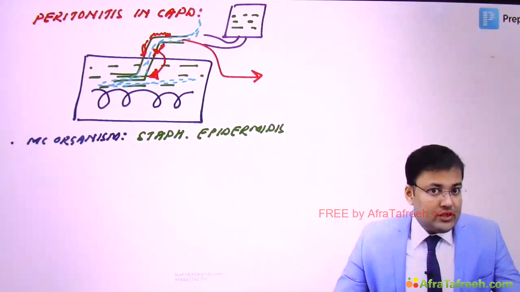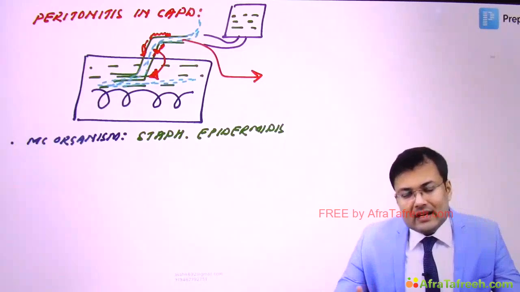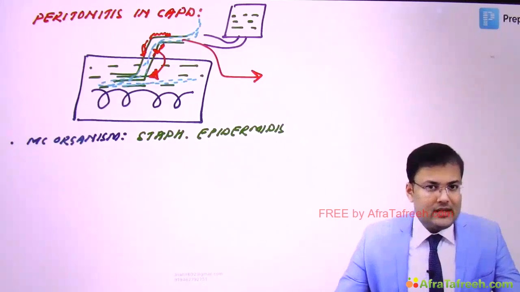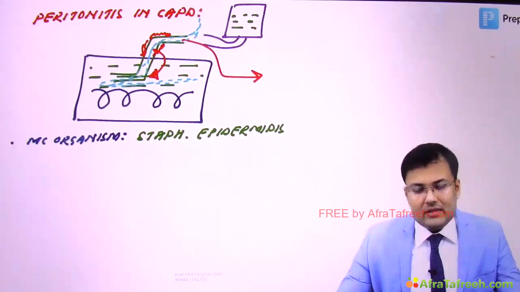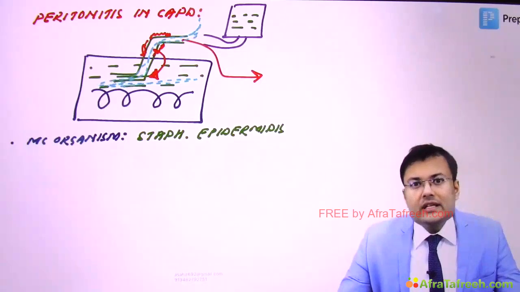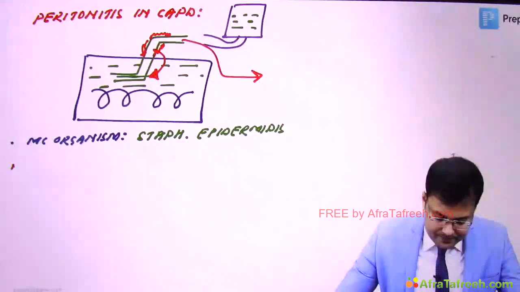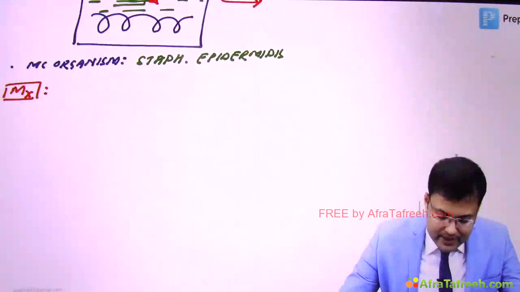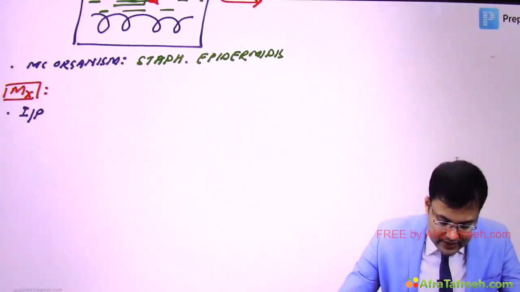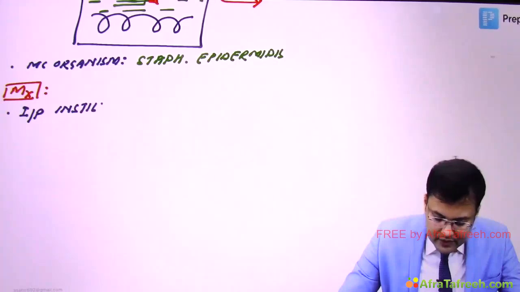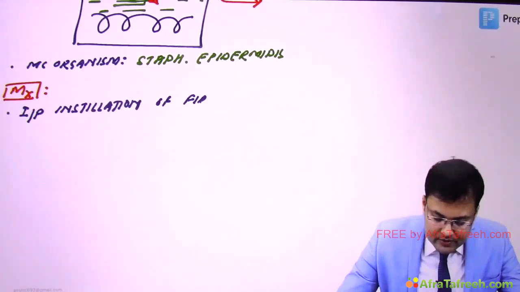There is a second situation. Suppose the patient is having recurrent attacks of peritonitis. It means the catheter is still having the organism, and in that case what do we do? Change the catheter. So how are we going to manage? Management: we go for intraperitoneal instillation of first generation cephalosporin.